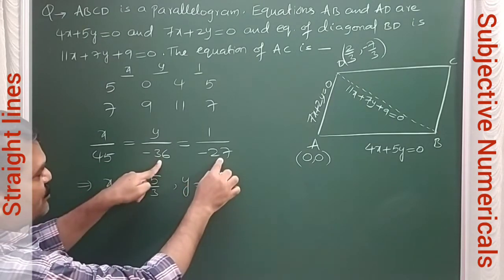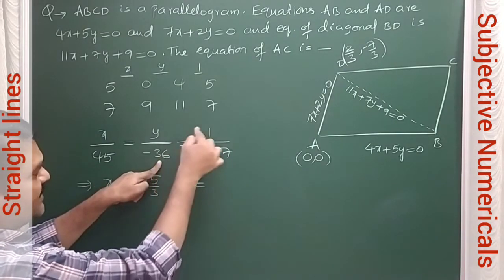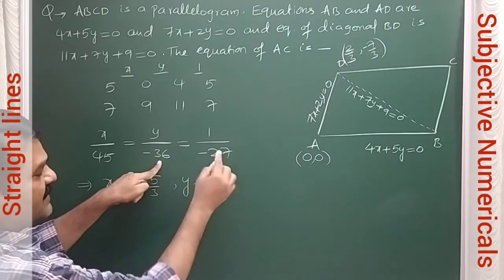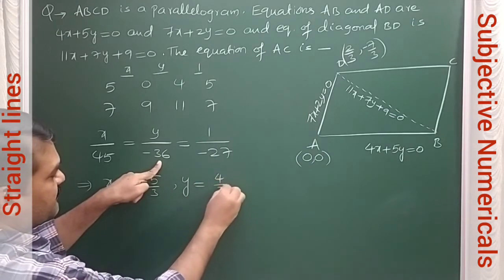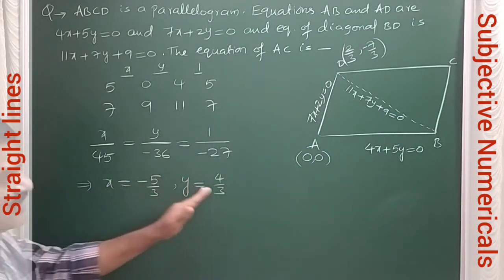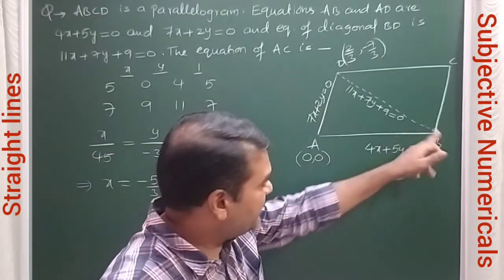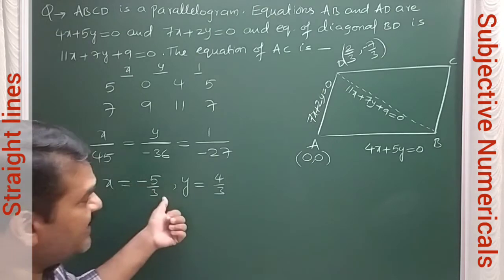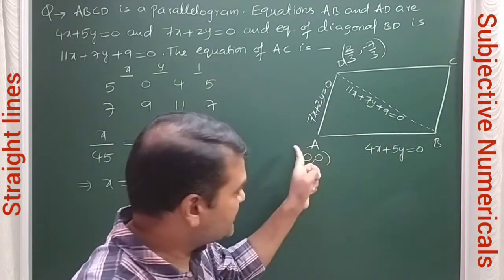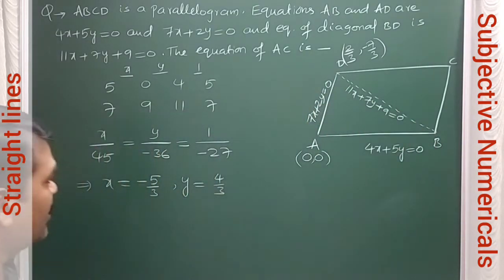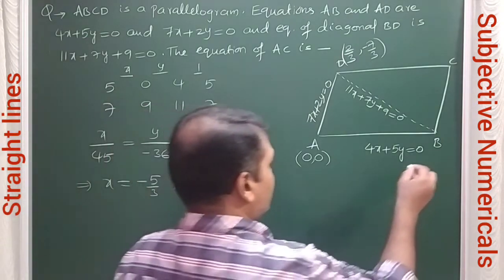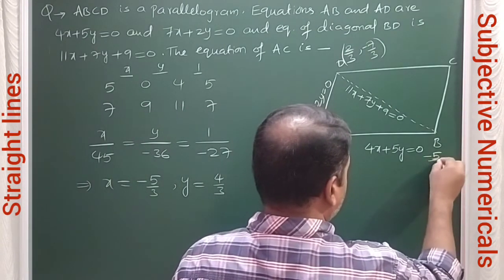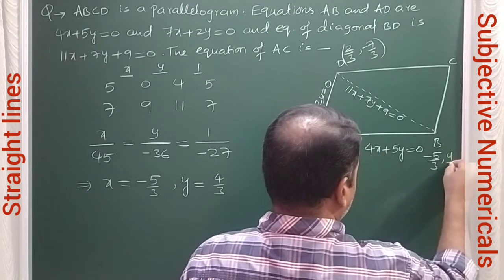Now equating these, y is equal to minus 36 by minus 27, that means 4 by 3. Solving BD and AB, we got this. This is the point of intersection of these two lines. That means we got vertex B now. Vertex B is minus 5 by 3 comma 4 by 3.